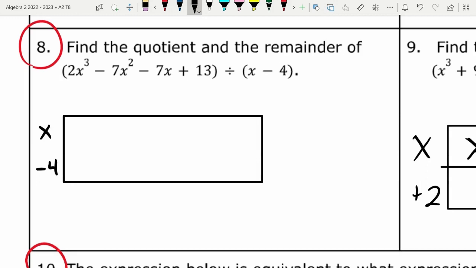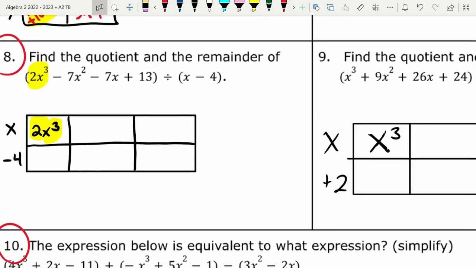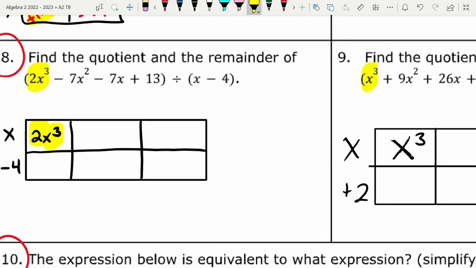And we're going to take the first term and put that right here in the top left box, 2x to the third. And everything else that I write will be a part of the actual math. And I'll change my pen color to show you that this was just the setup, much like that's the setup for number 9. In a very similar way.